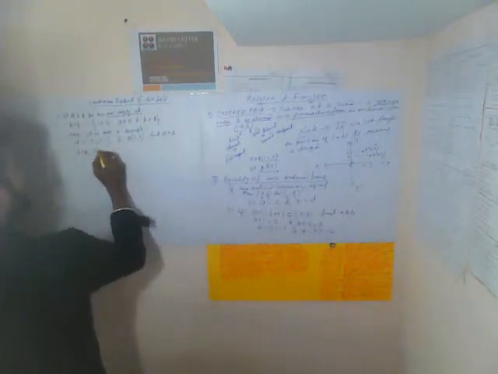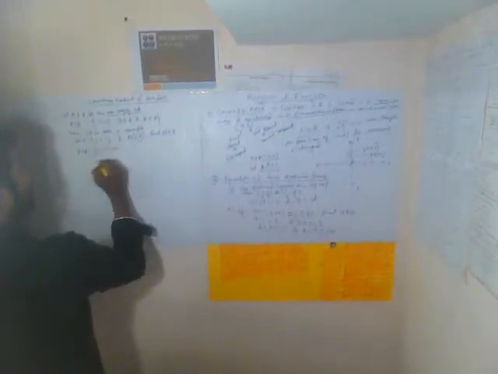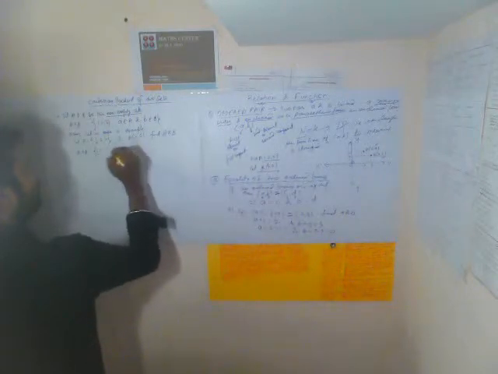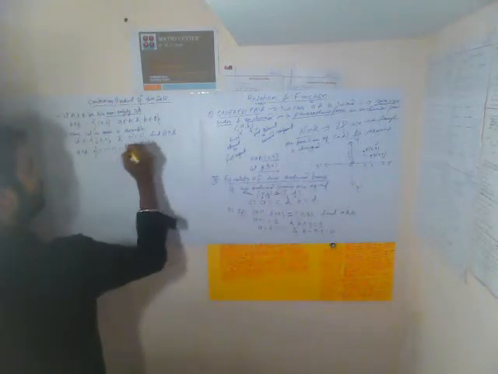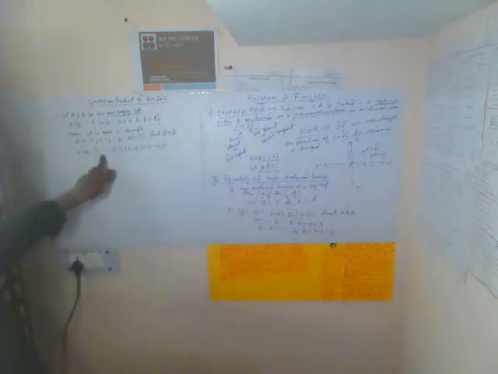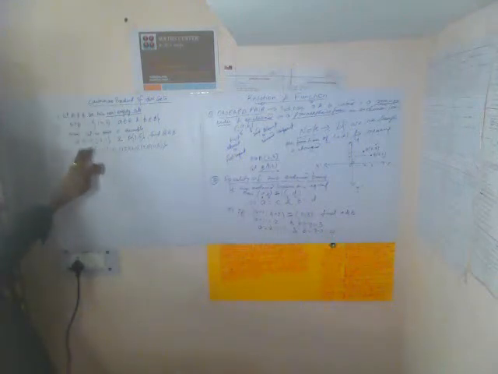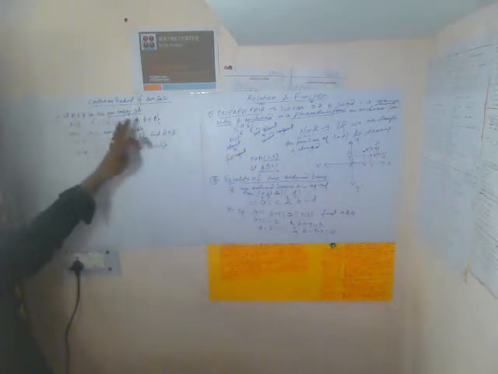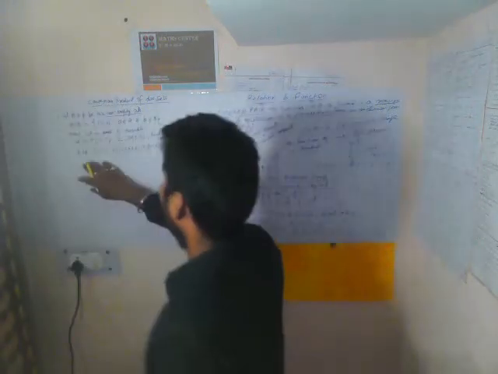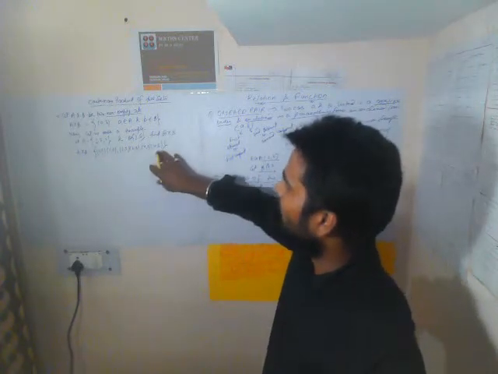So this goes like this: (1,5), (1,6), (2,5), (2,6), (4,5), (4,6). These are the possible ordered pairs formed when we take the Cartesian product of two non-empty sets A and B, and this is the result.